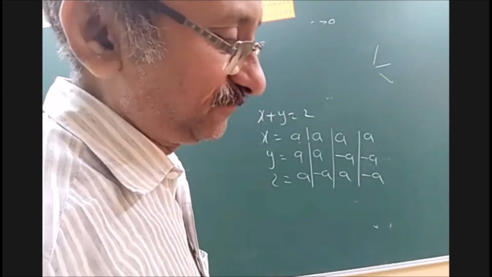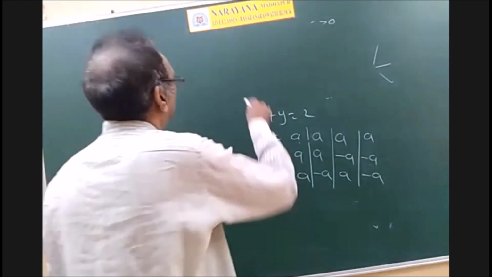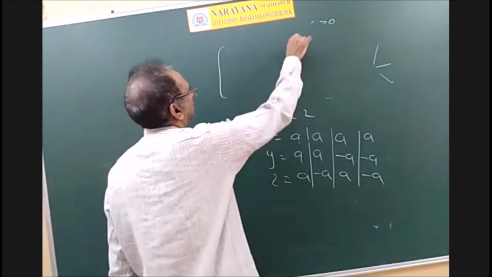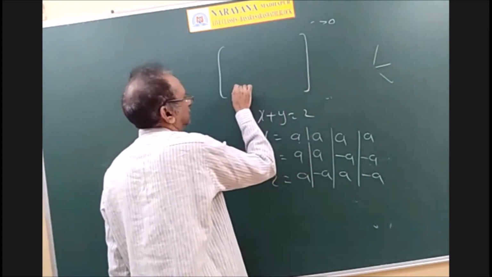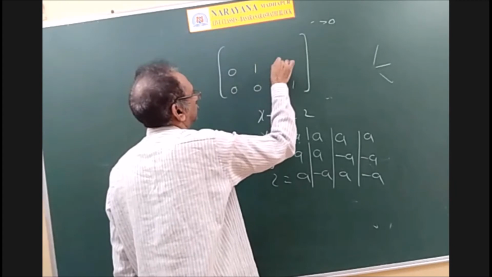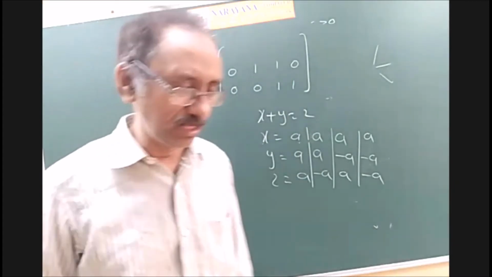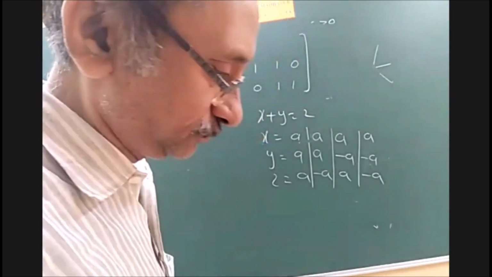So once after getting into echelon form, I think the last echelon form is like this. Can you give me that last matrix, Vishnu?